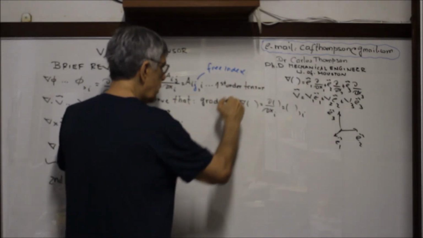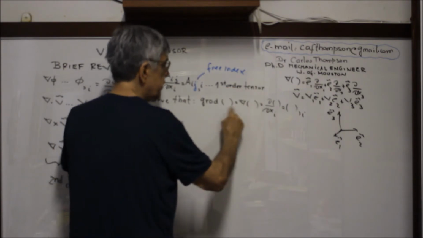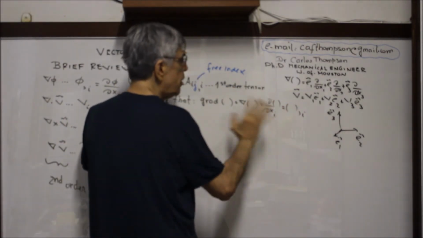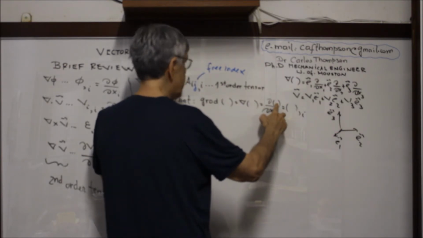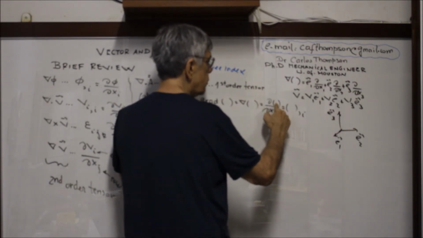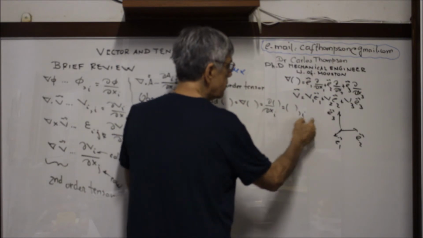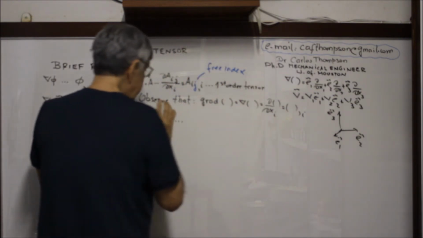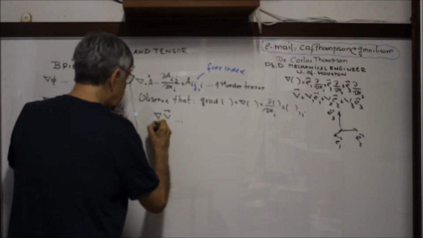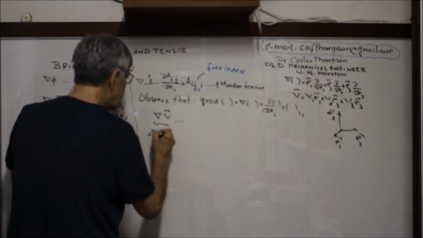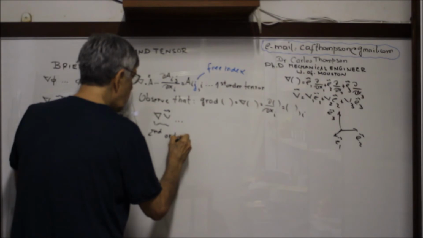A gradient of something operates here. You put here, for instance, the partial of what's coming here, with comma xi. So you know before doing anything that this is a second order tensor.